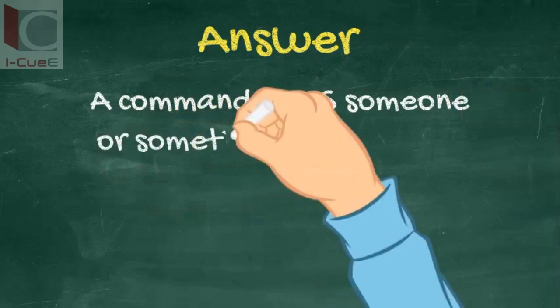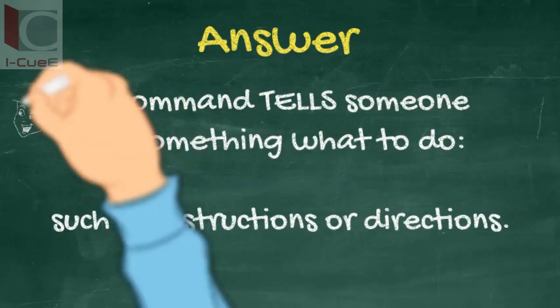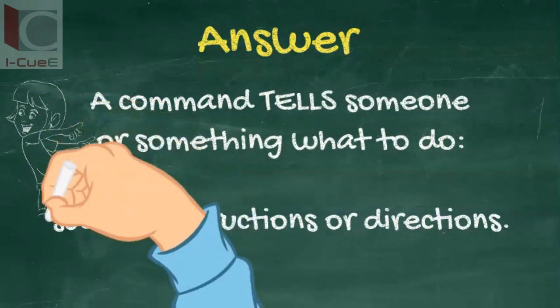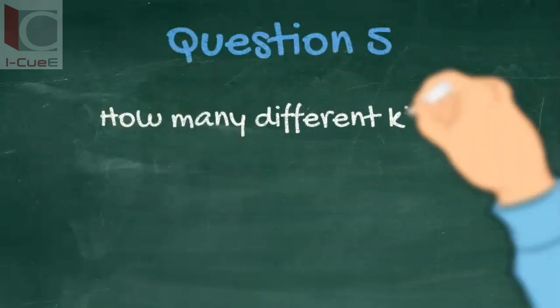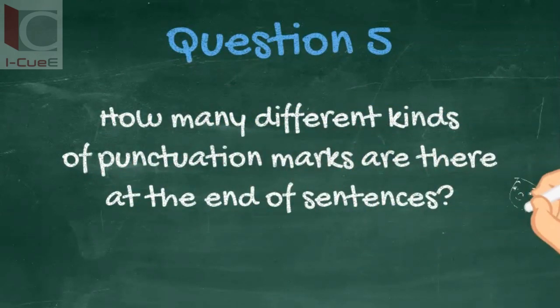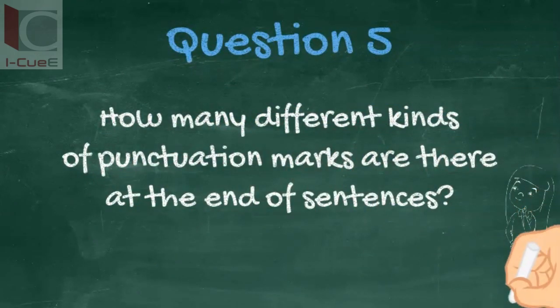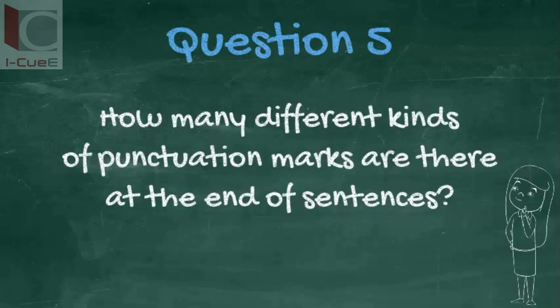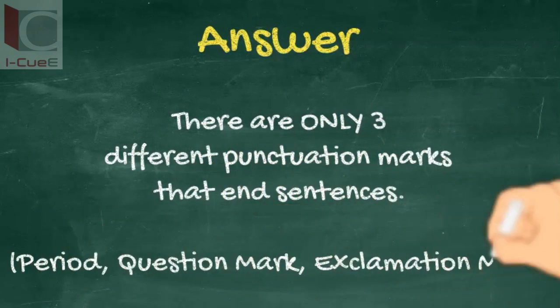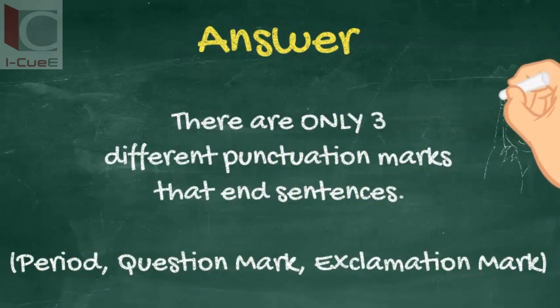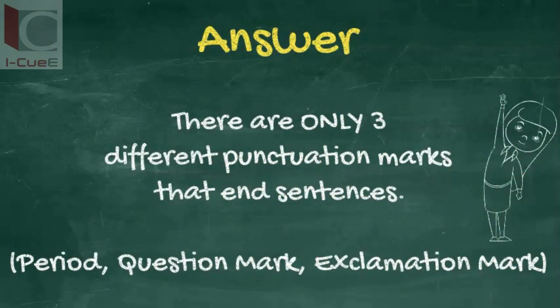A command tells someone or something what to do, such as instructions or directions. How many different kinds of punctuation marks are there at the end of sentences? There are only 3 different punctuation marks that end sentences: period, question mark, exclamation mark.